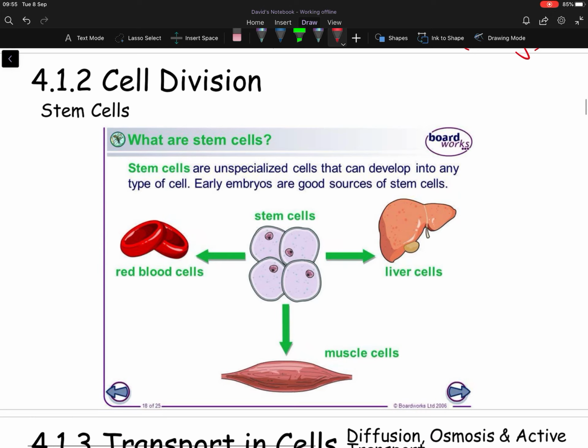Now, this process can also play a role in what we refer to as the use of stem cells.